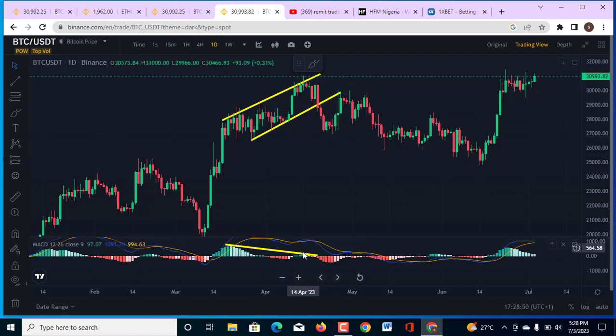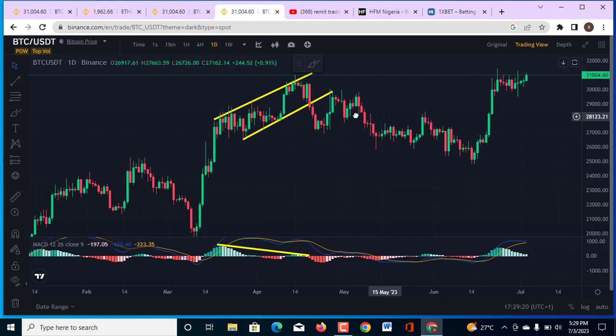So if you spot the divergence and you wait for the market to break out of this very trend line, then the close of this very candle is a nice place to enter your trade. So the market comes back right down and then moves up a little bit and continues its movement to the downside. With this very strategy, you will be in the right direction of the market.